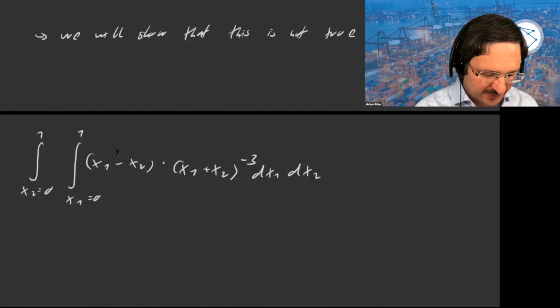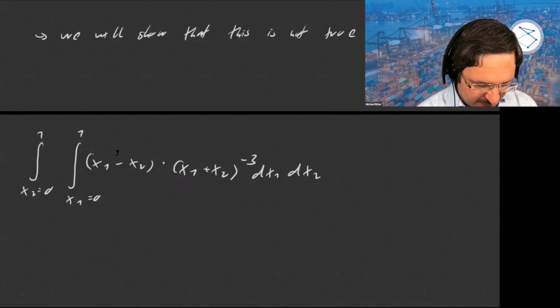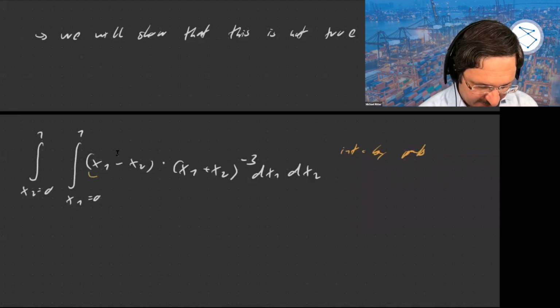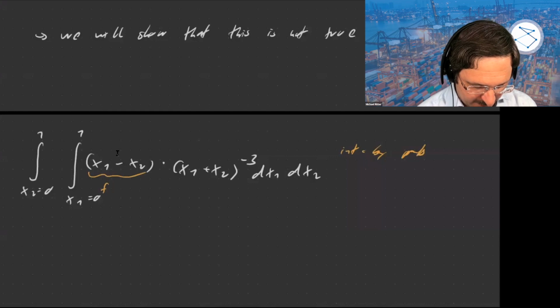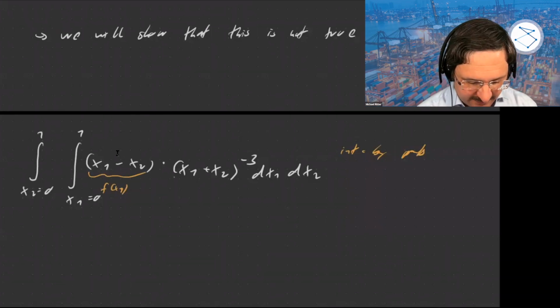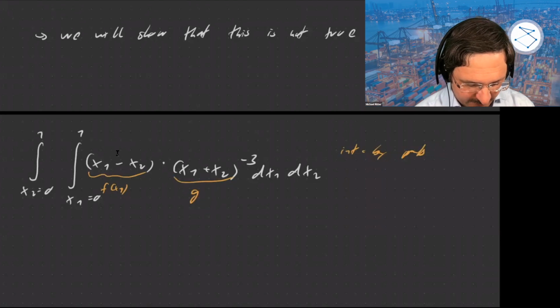And of course, that means we completely get rid of that expression. So that's the idea. We do integration by parts for the inner integral, right? With this here being f of x1, and this here being g prime.